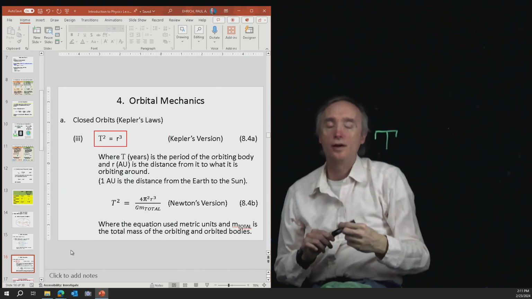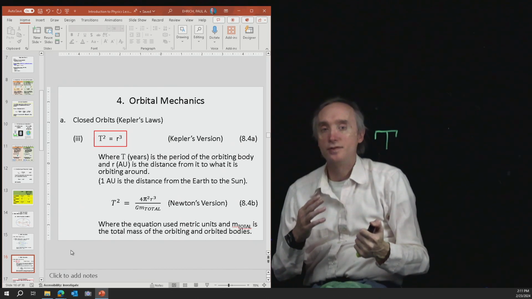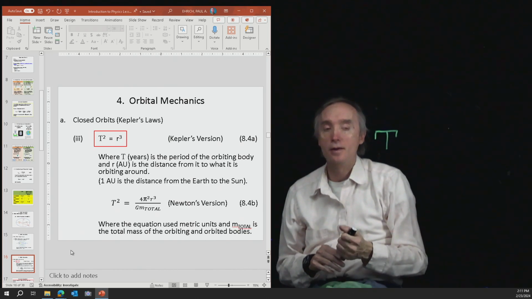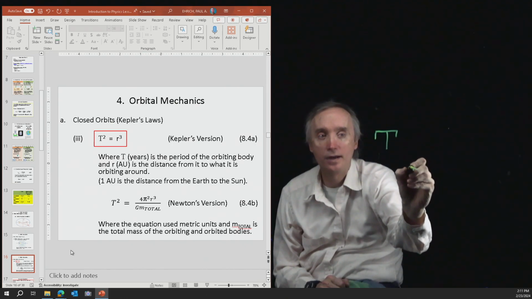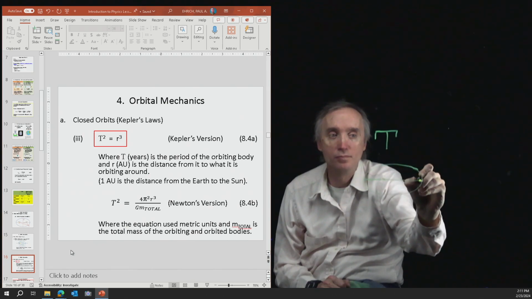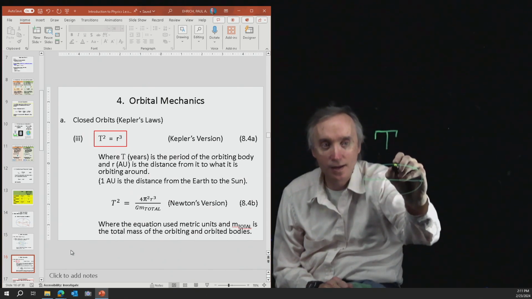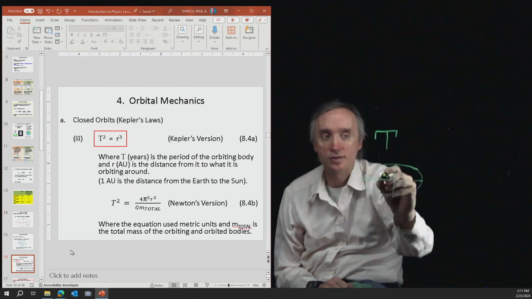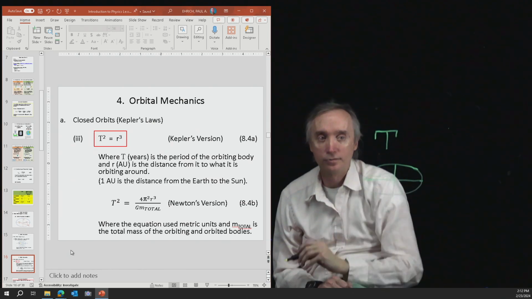Now, the actual formula uses the distance as the semi-major axis. We had a picture of an ellipse, and this was the major axis, so the semi-major axis is this distance right here.